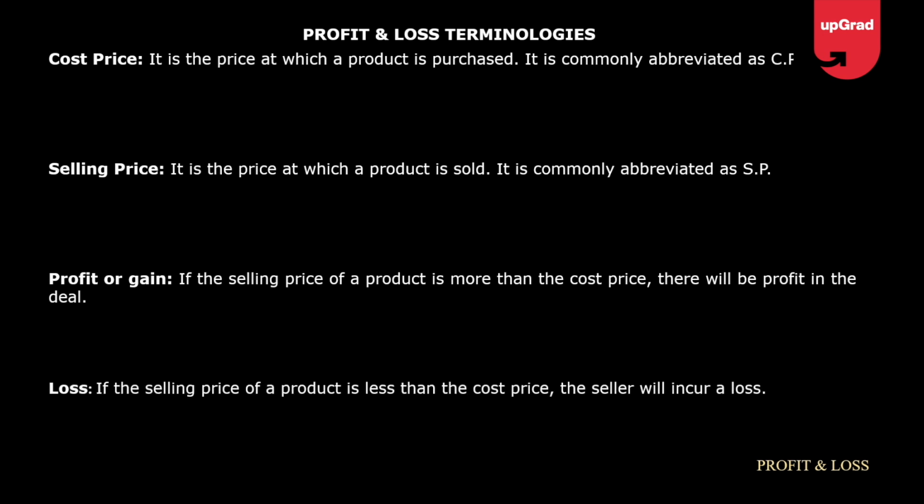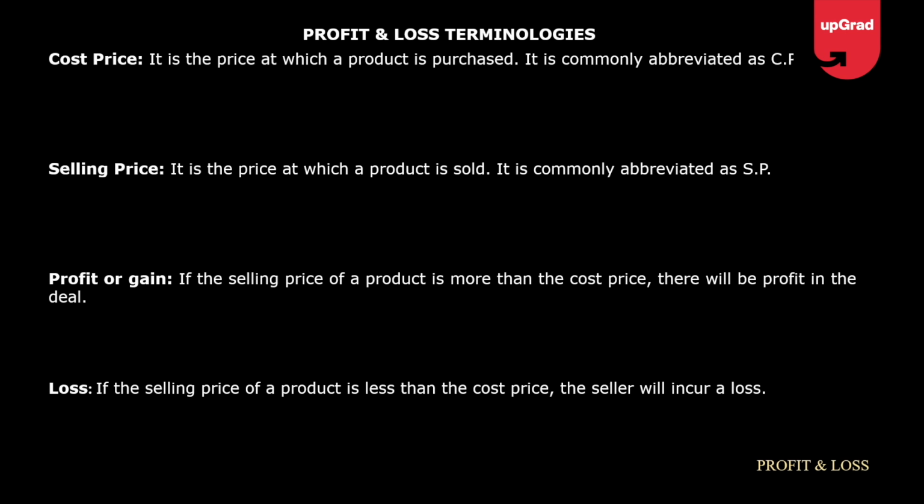On the other side, if my purchase value, that is my cost price, is more than my selling price, then I incur a loss. So the same pen which was bought at 10 rupees, if I sell the same pen at anything less than 10, would lead to a loss.